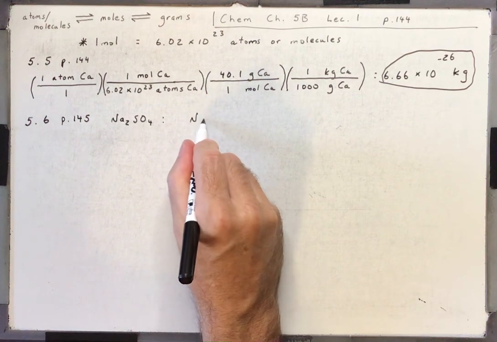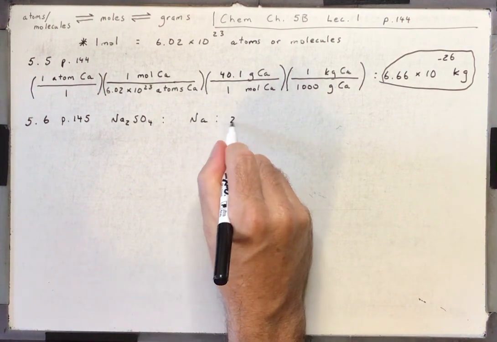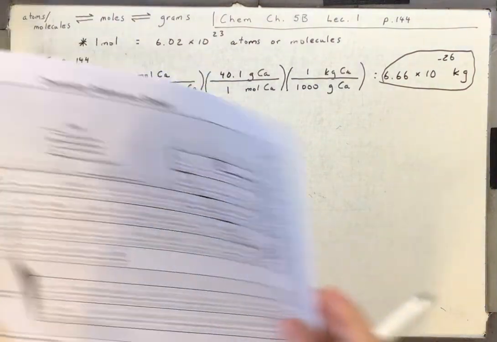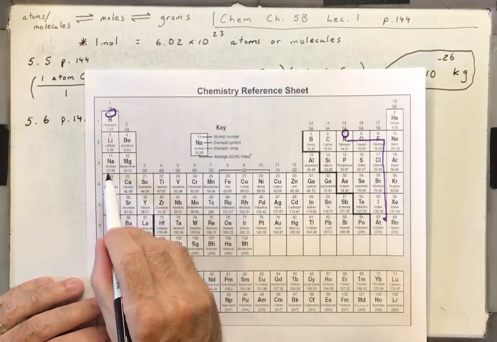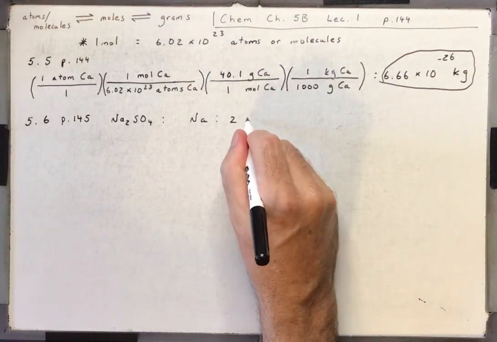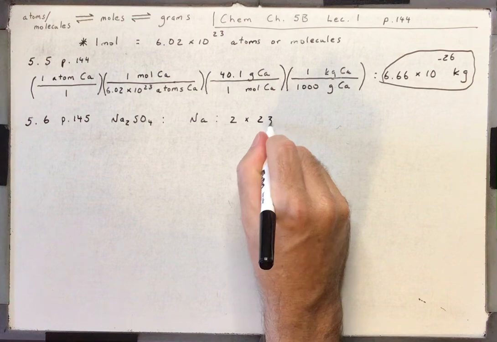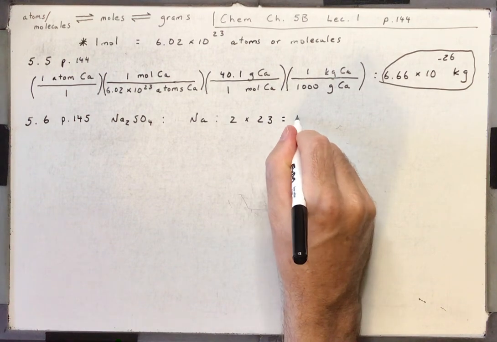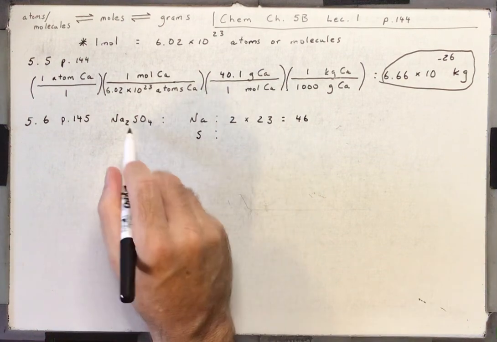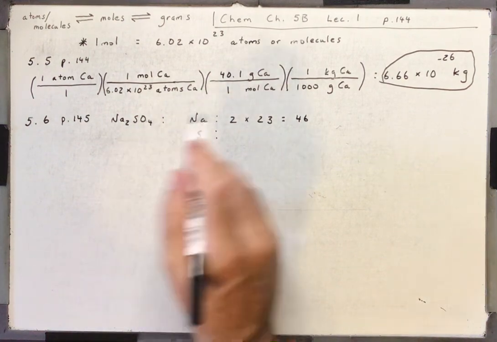For sodium, we have 2 atoms. If you look at the periodic table, sodium, number 11, weighs 23.0. So that's 46. In this molecule, there's 1 sulfur atom.